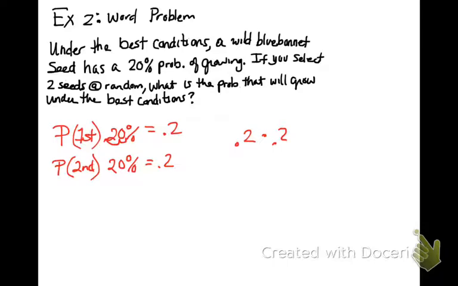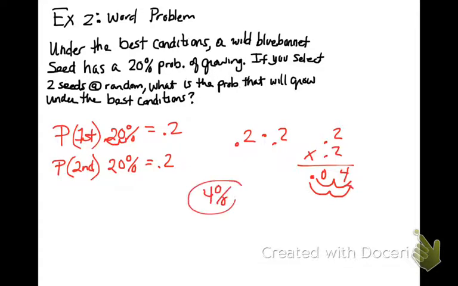If I do it, I'm going to put it underneath each other. So 4, but there are 2 decimal places, so I need to move it over 1, so it's 0.04. And then you're going to turn it back into a percentage. So again, with percentages, you move it twice to the right. So it's a 4% chance that they'll both grow.